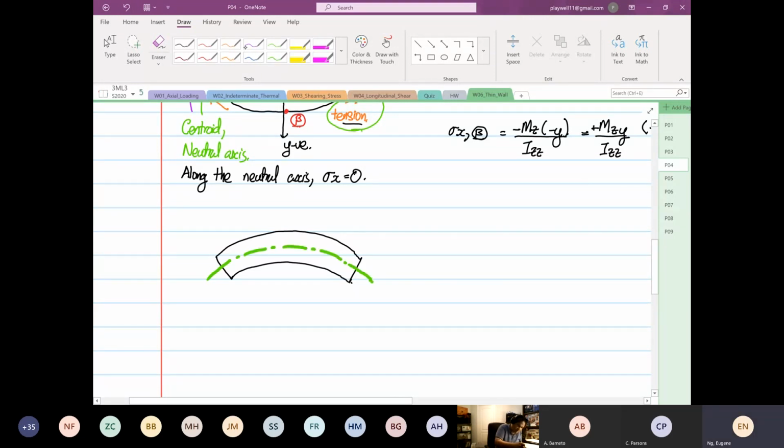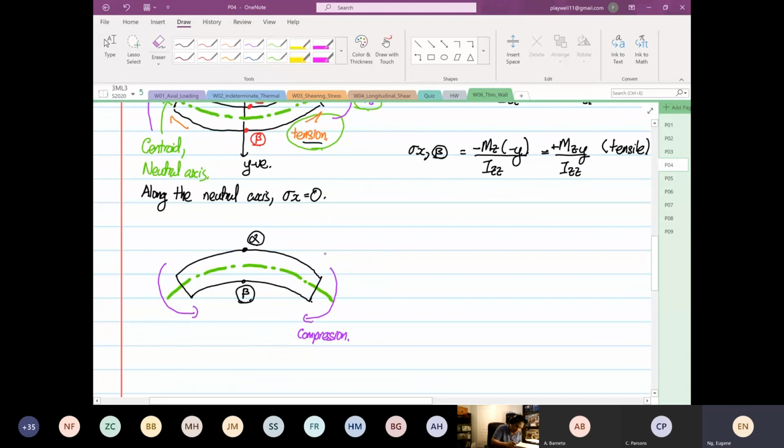My points did not change. So this is my point alpha, and this is my point beta. To bend this way, our moment vector needs to be in this direction. So we know the head of the arrow is in compression, and the tail end is in what? Tension.